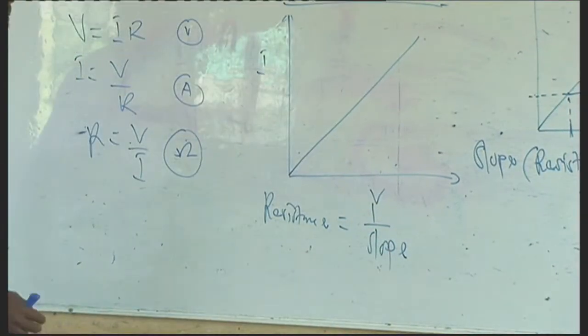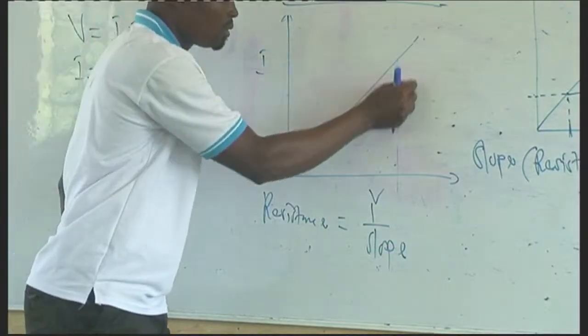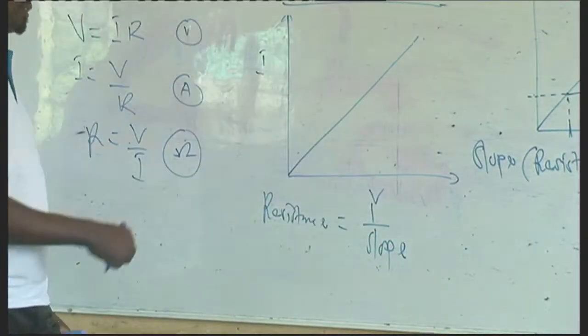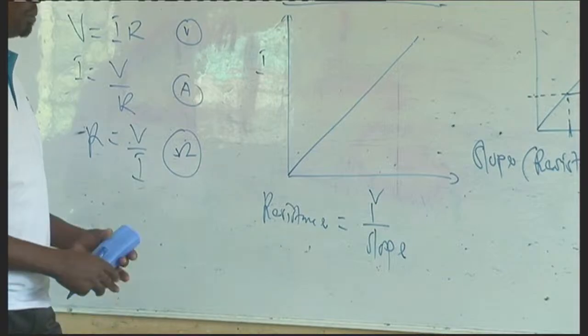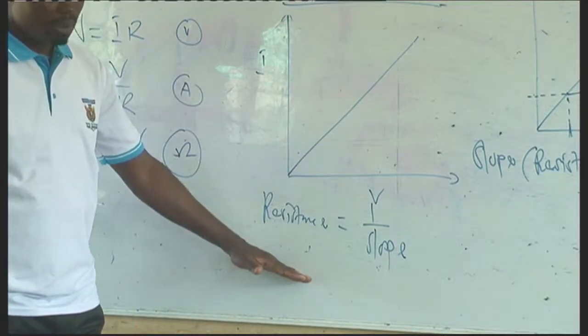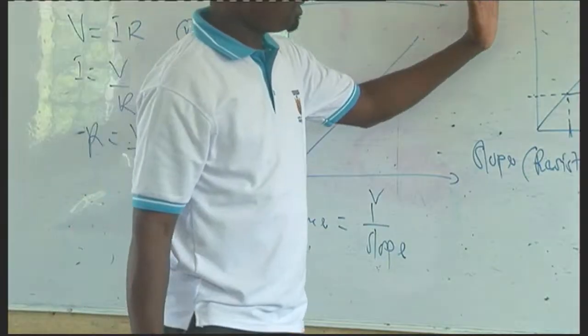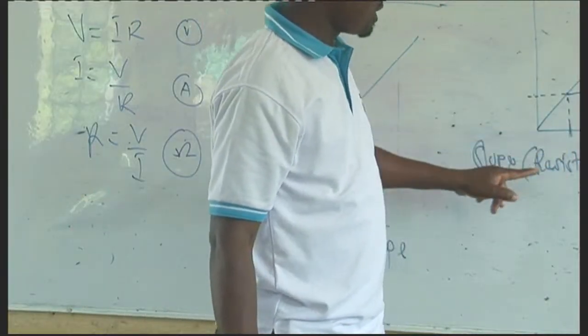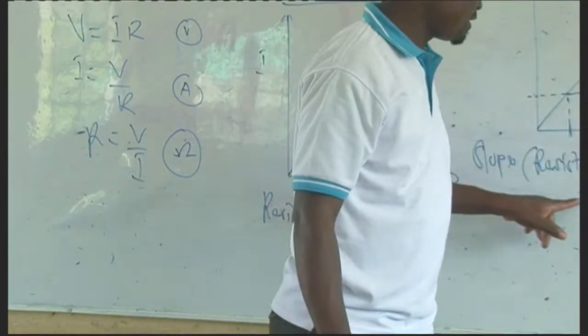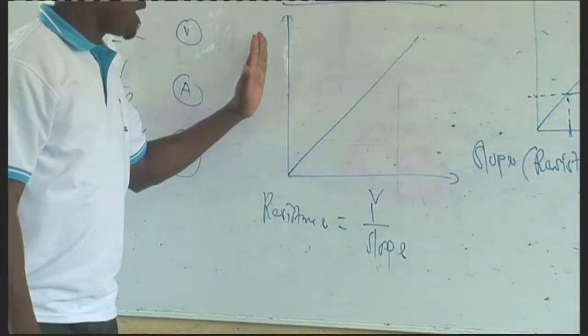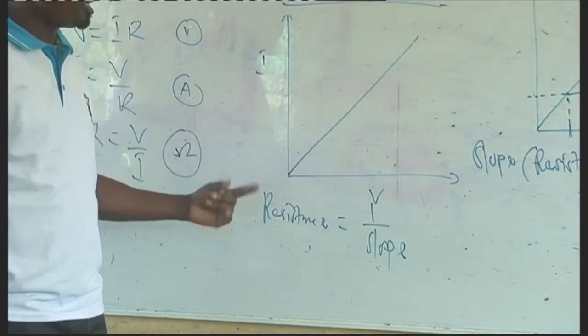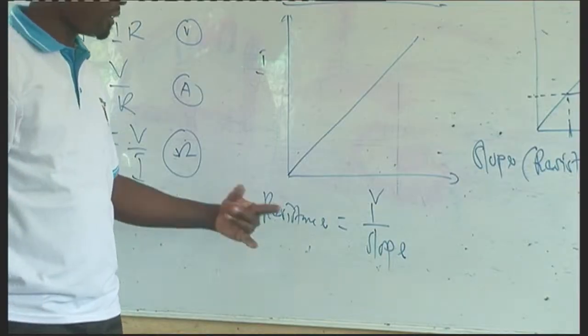So we get the slope, and then we get its inverse. We should not forget. In a graph of voltage against current, the slope gives us the resistance. In a graph of I against V, the slope gives us the inverse of the resistance.